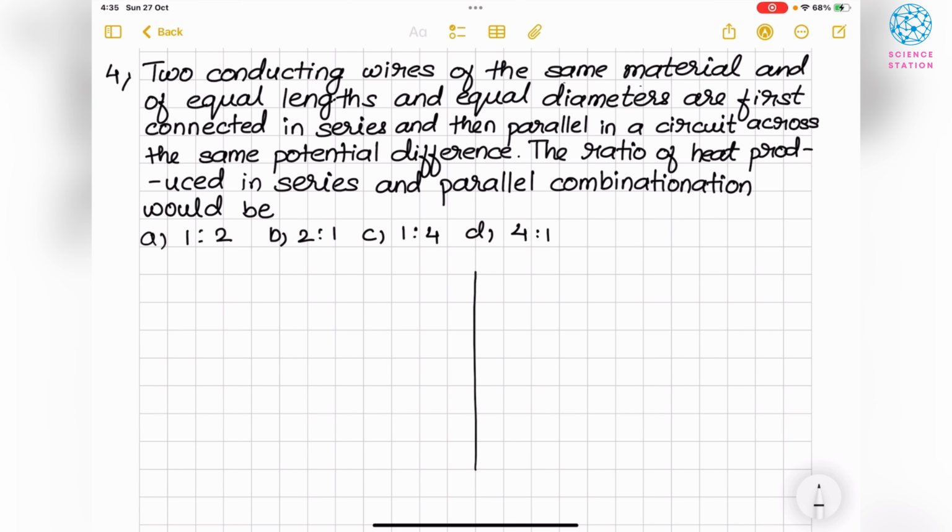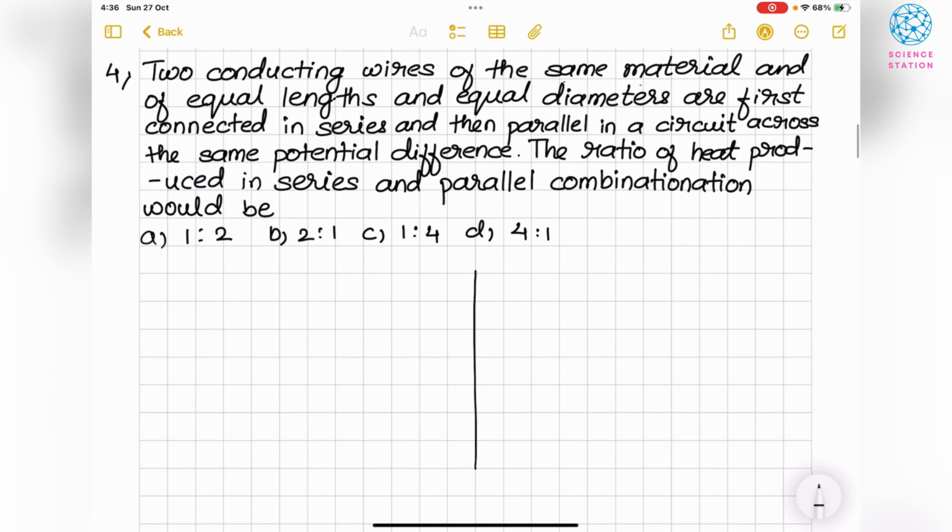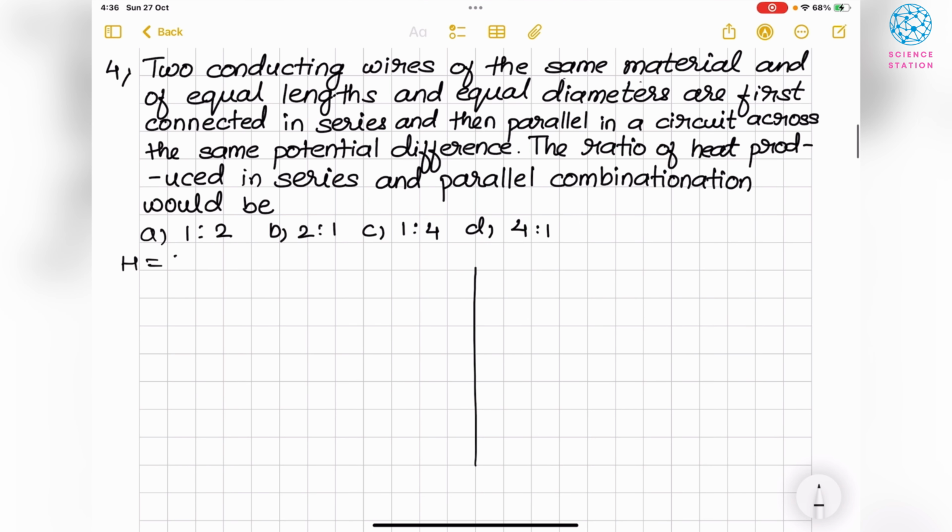Next is, two conducting wires of the same material and of equal length and equal diameters are first connected in series, then in parallel across the same potential difference. The ratio of heat produced in series and parallel combination will be dash. So see, H will be equal to I square RT.